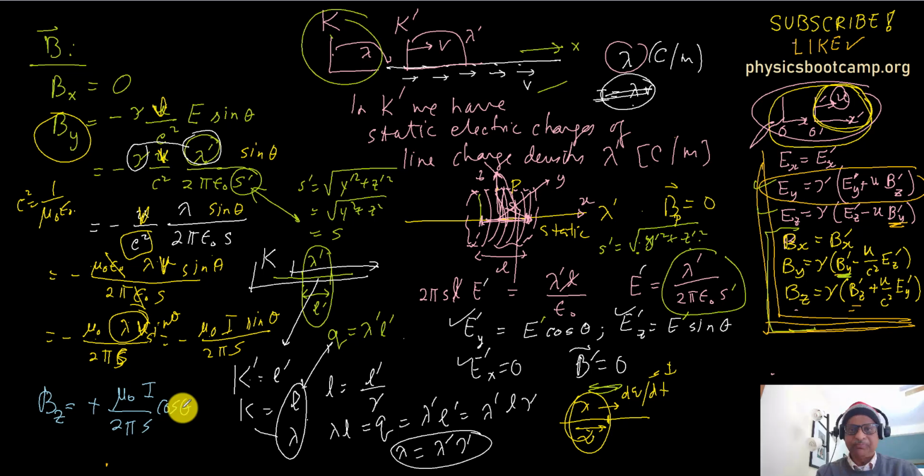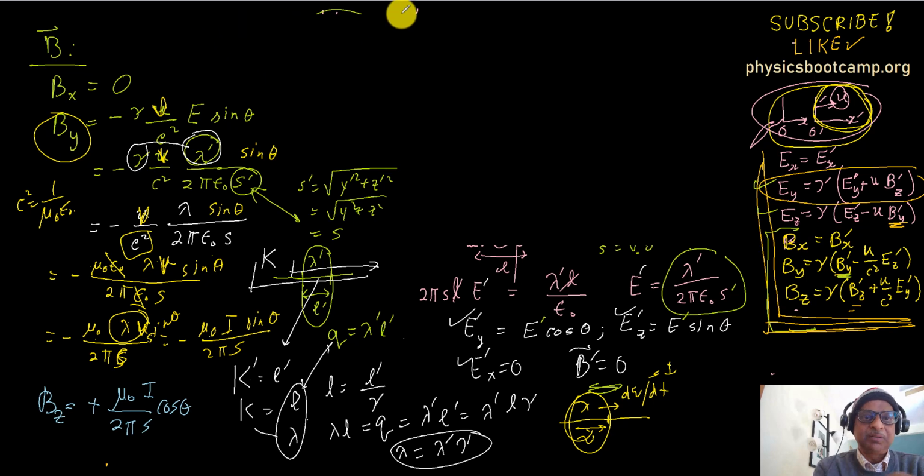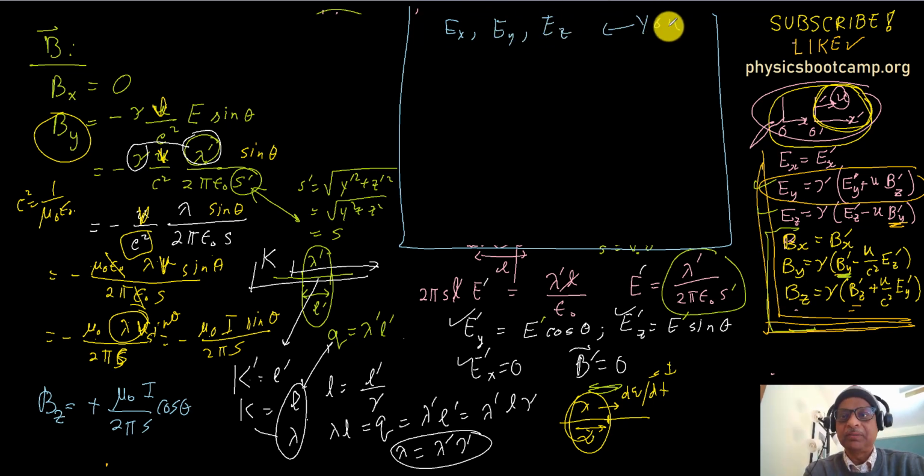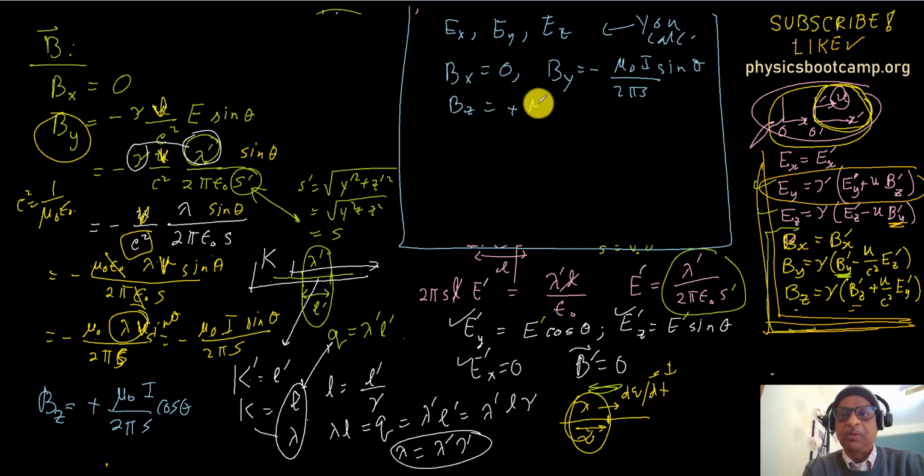So putting all this together, we can actually summarize it here: we're going to see E x, E y, E z, this you calculate, and then you're going to get B x equal to 0, B y equals minus mu naught I over 2 pi s sine theta, and B z equals plus mu naught I over 2 pi s cosine theta.